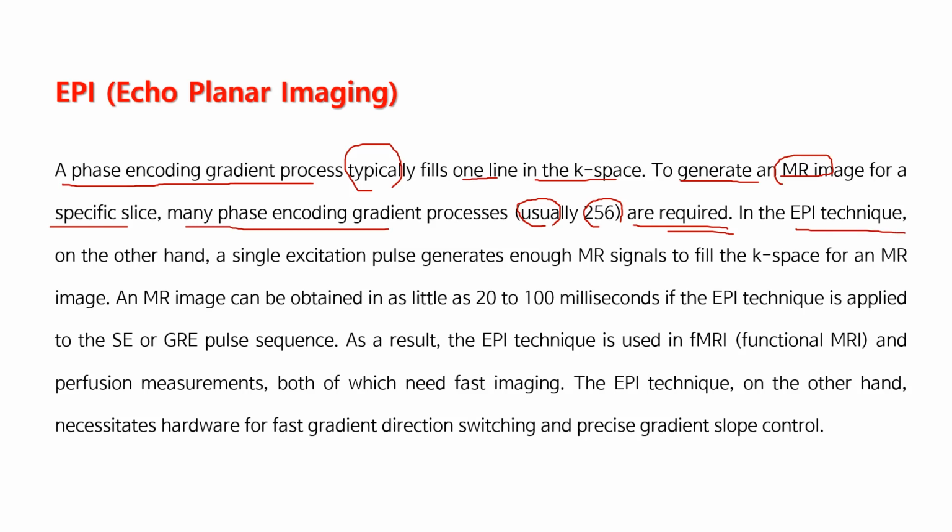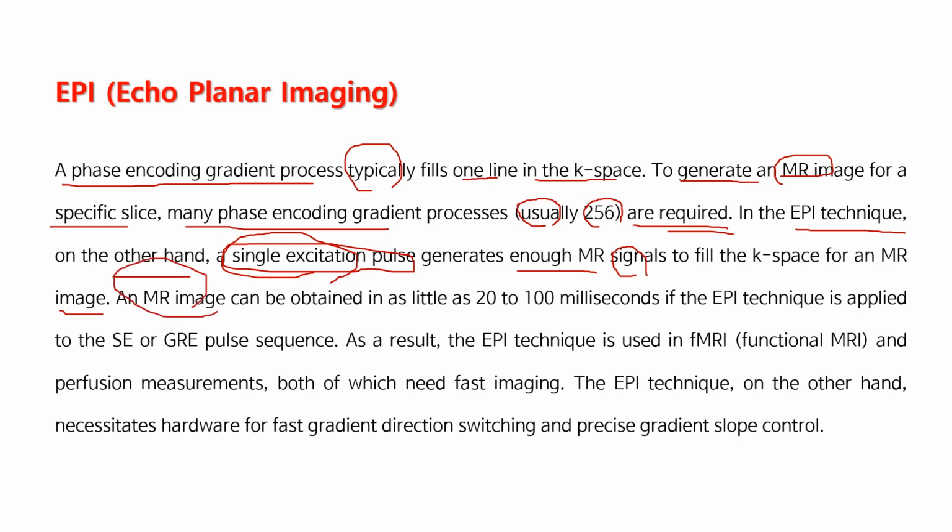In the EPI technique, on the other hand, a single excitation pulse generates enough MR signals to fill the K-space for an MR image. So with just one single excitation pulse, we can have 256 MR signals to fill the K-space at once.